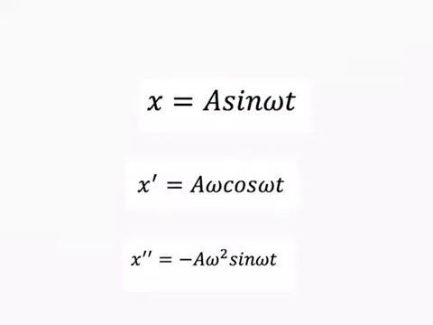If we take the position function to be a sine function, where A represents the amplitude or the maximum displacement of the mass on a spring, and omega refers to the angular frequency of the function, then the first derivative would be A omega cosine omega t, and the second derivative would be negative A omega squared sine omega t.